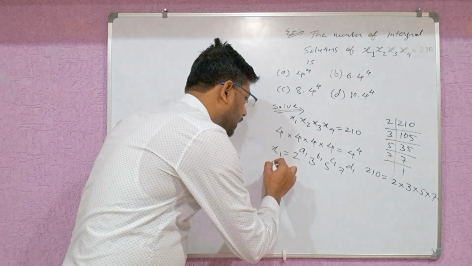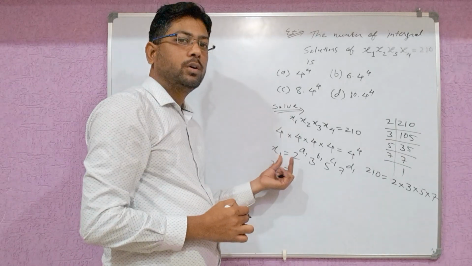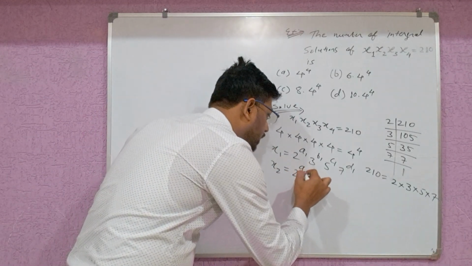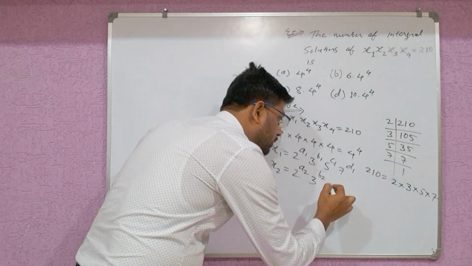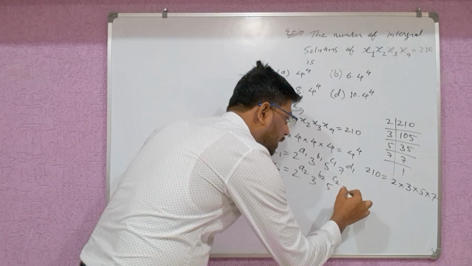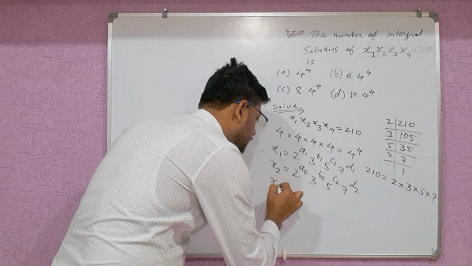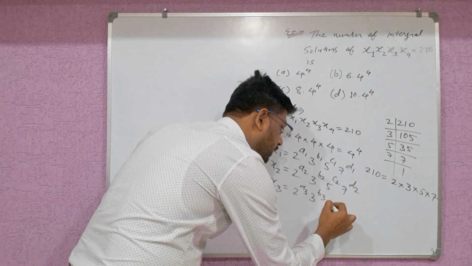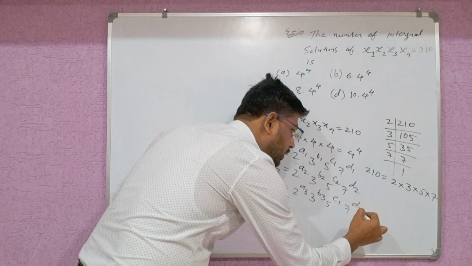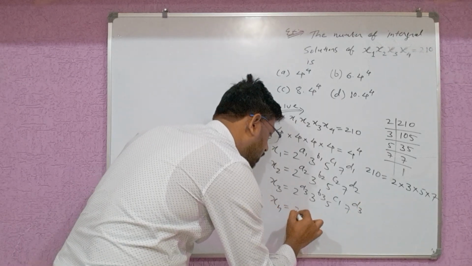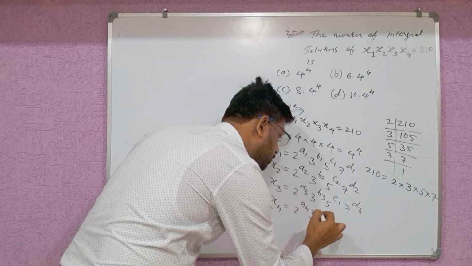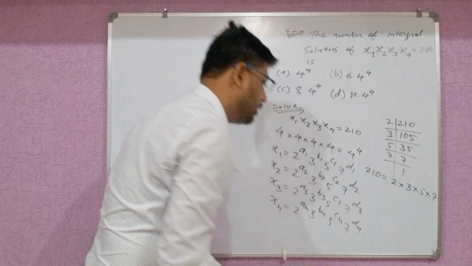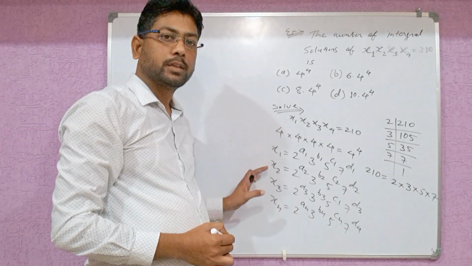In the same way for x2, factors of 2, 3, 5 and 7 can be there, so I am taking it as 2 raised to power a2, 3 raised to power b2, 5 raised to power c2 and 7 raised to power d2. x3 I am taking as 2 raised to power a3, 3 raised to power b3, 5 raised to power c3, 7 raised to power d3. And x4 I am taking as 2 raised to power a4, 3 raised to power b4, 5 raised to power c4 and 7 raised to power d4.